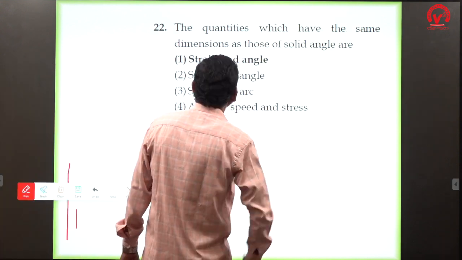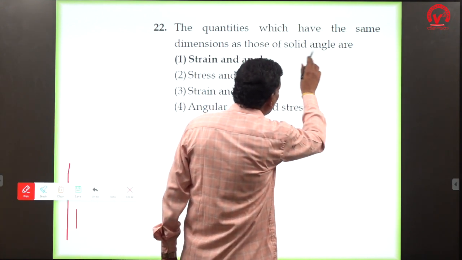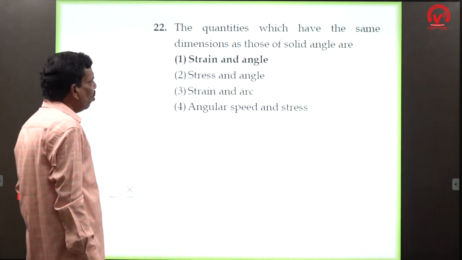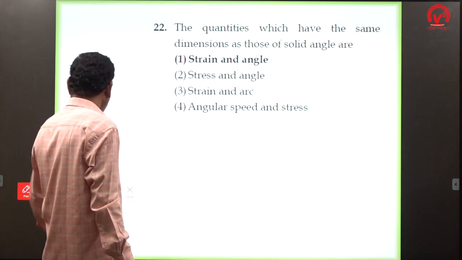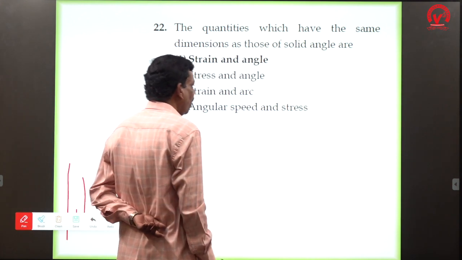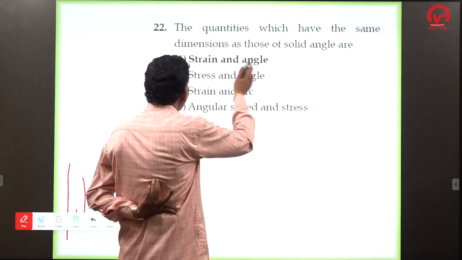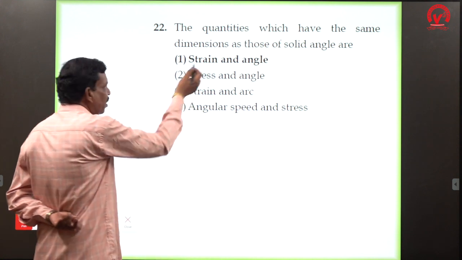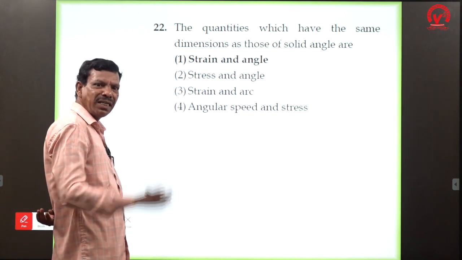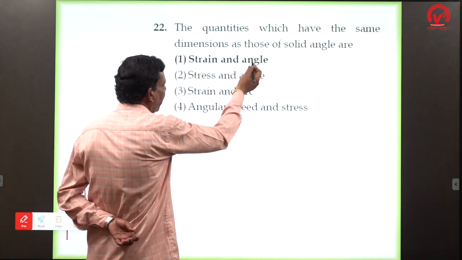Next, the quantities which have the same dimensions as those of solid angle. So you see, it is dimensionless. Here strain and angle. Strain is what? Change in size by original size. So both are cancelled, and angle also.